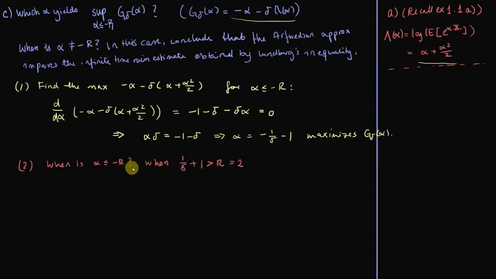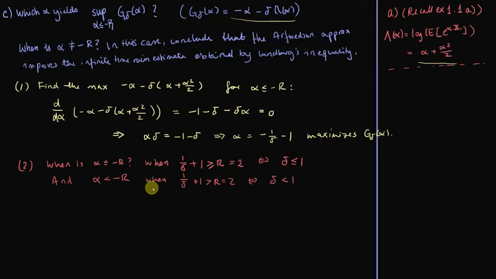So alpha is smaller than or equal to minus r when 1 over delta plus 1 is greater than or equal to 2, or similarly, when delta is smaller than or equal to 1. And we also know that alpha is strictly smaller than minus r when 1 over delta plus 1 is strictly greater than r, which is 2, and that happens if and only if delta is strictly smaller than 1.